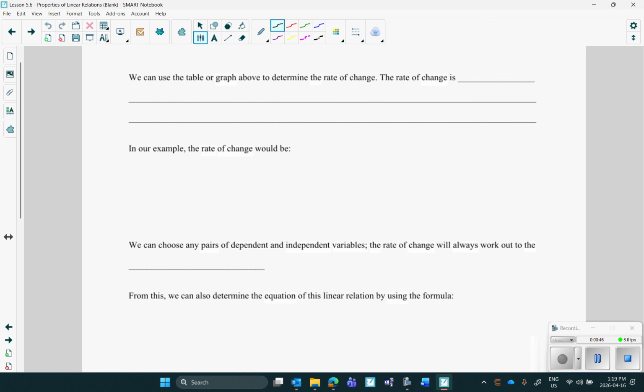And the rate of change is the change in the dependent variable in the independent variable.